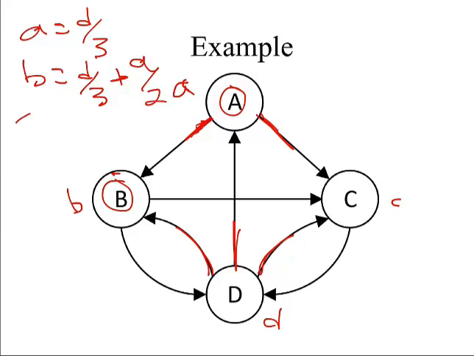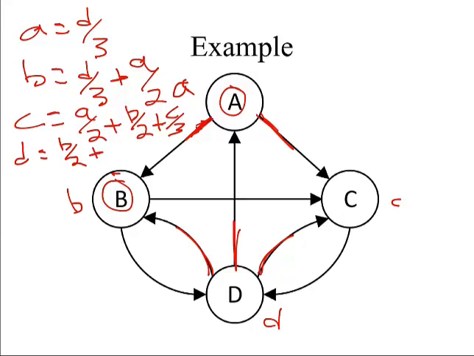And we say that C, since C has 3 incoming links, is A over 2, plus B over 2, plus C over 3. And finally, D has 2 incoming links. It's B over 2, plus C.